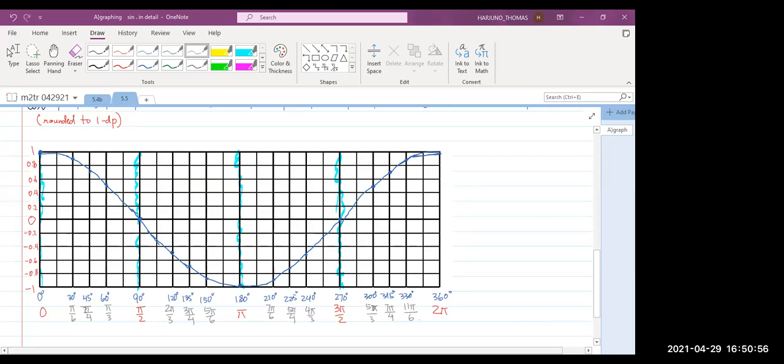Now we will summarize this graph into what I call the 2 by 4 plane. That is something that looks like this.